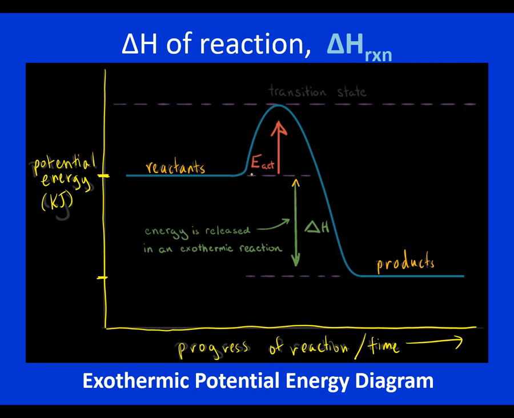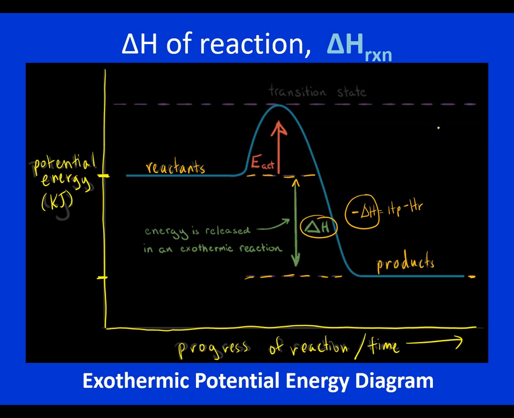So this difference right here between the two is how we would calculate the delta H off of this particular diagram. Now, delta H, of course, is H products minus H reactants. If the product amount is lower and the reactant amount is higher, that's why this is going to come out being negative. And you're going to have a negative delta H there.